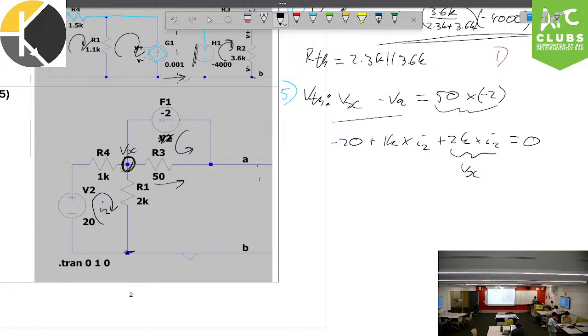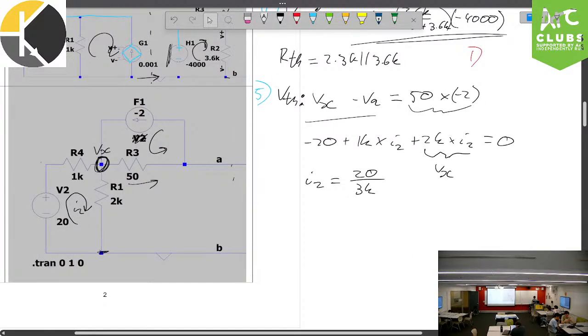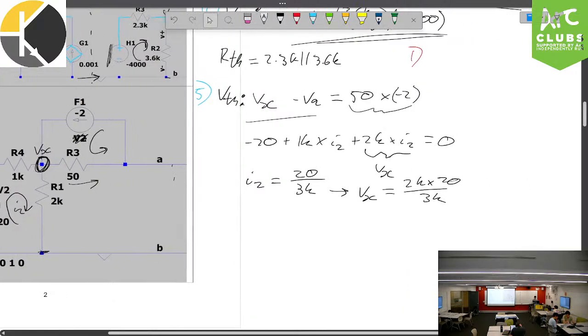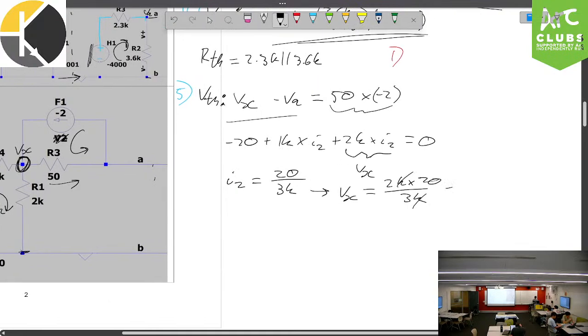So we can calculate I2. So I2 is going to be equal to 20 on 3K. Right? All happy with that? Fantastic stuff. And so Vx equals 2K times this. So it's 2K times 20 on 3K. The thousands cancel out. Equals 40 on 3.